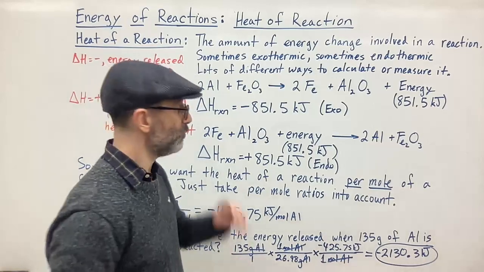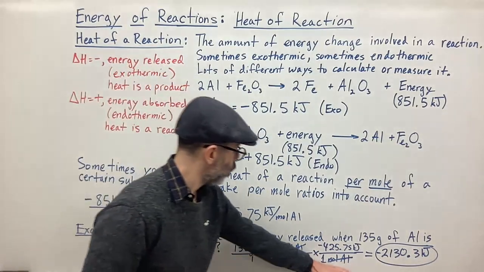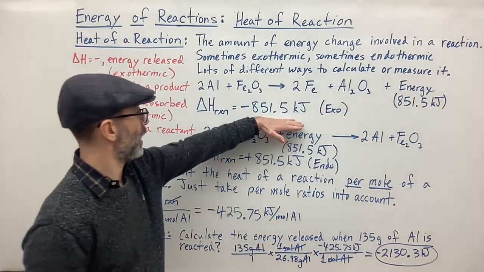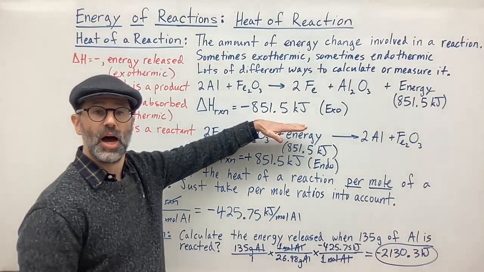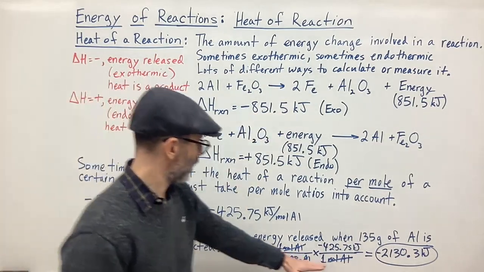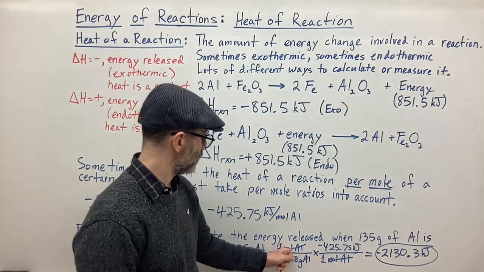I could have also added a second step here. So instead of going straight here, if I'm not given this, then I can just go ahead and use the given delta H of the reaction. So instead of jumping here, I can first multiply this.